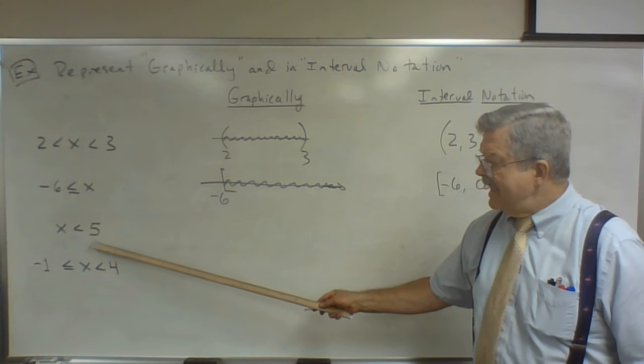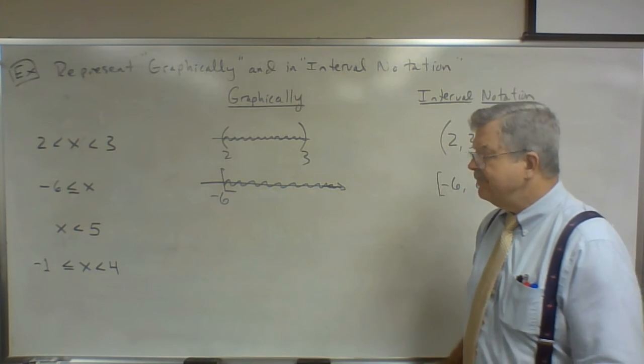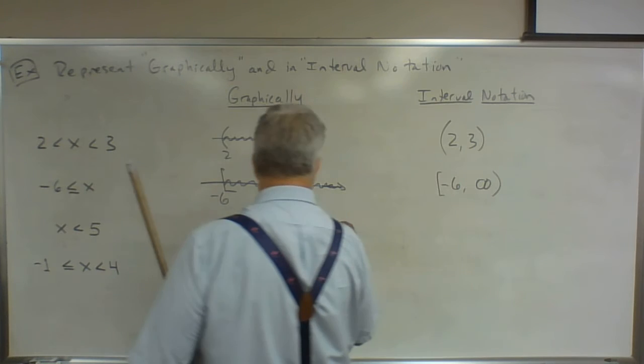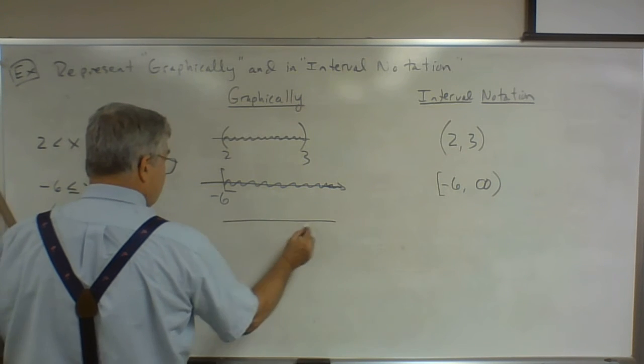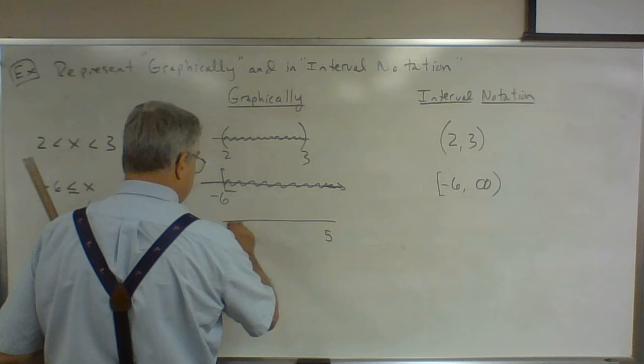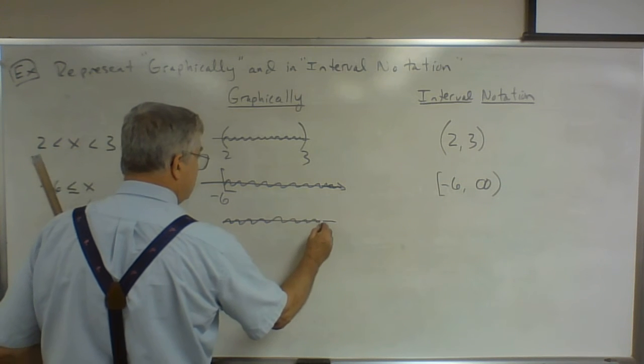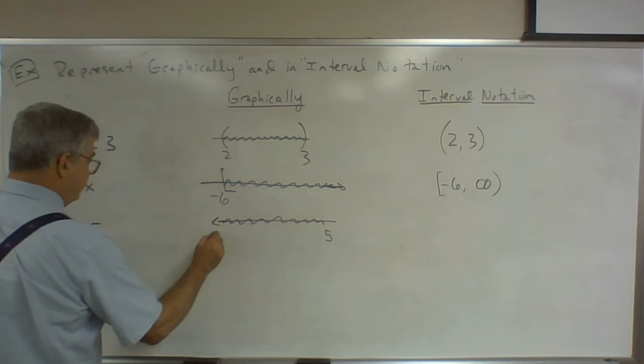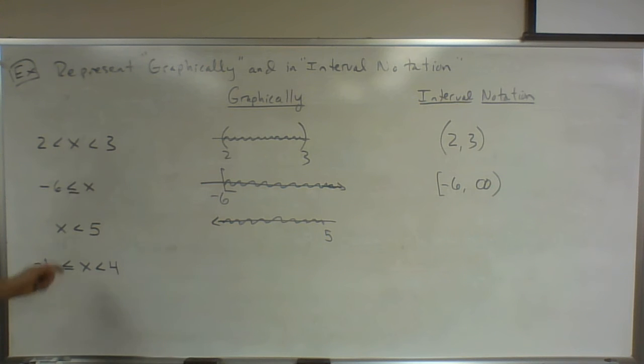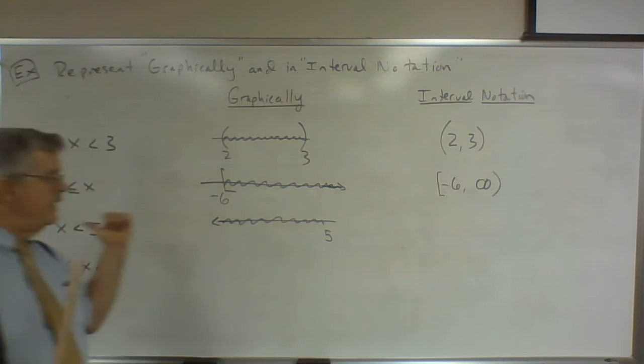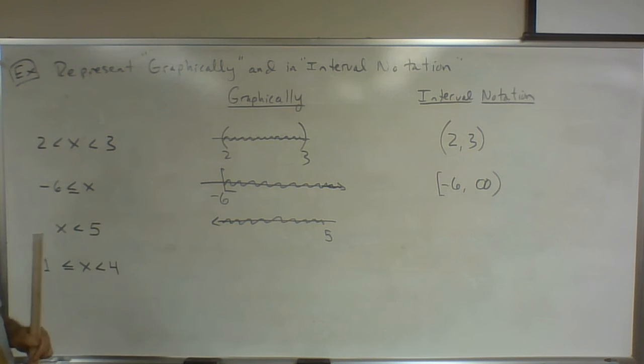Next example, x is less than 5. So on the number line, this is all of the numbers to the left of 5. Any number less than 5 is a solution. So this graph goes all the way to negative infinity.